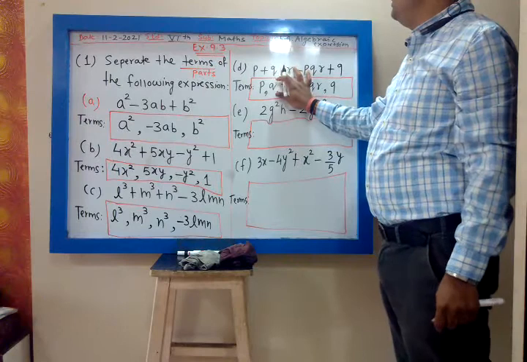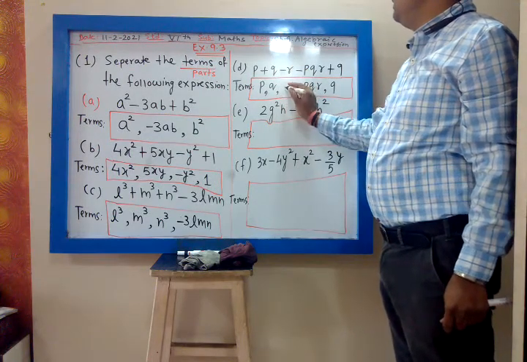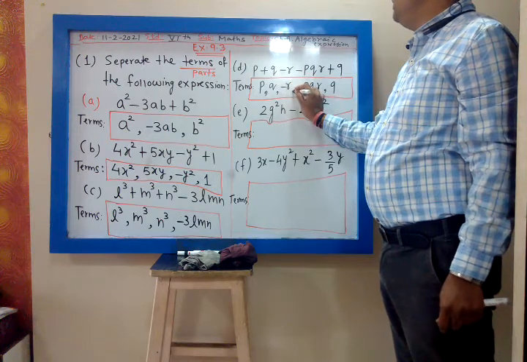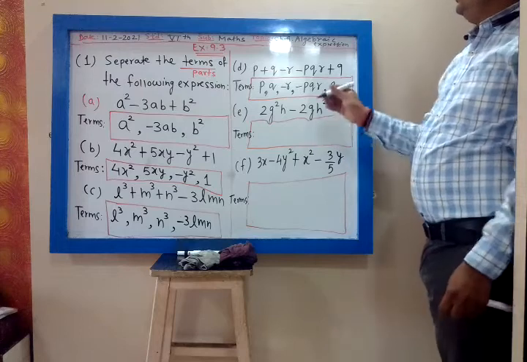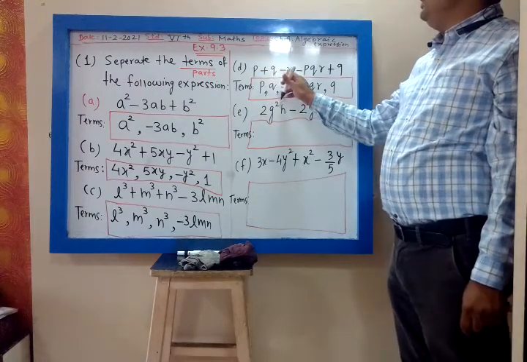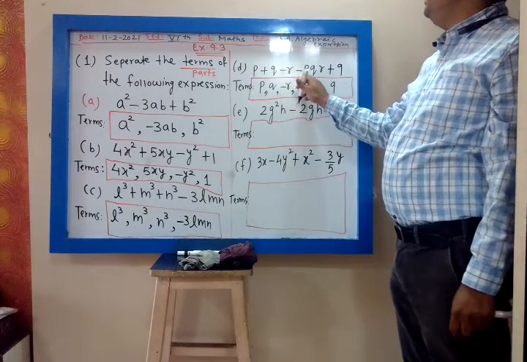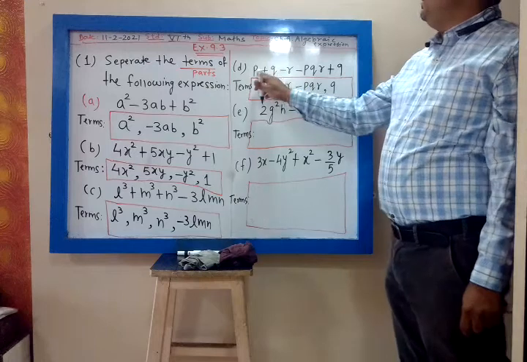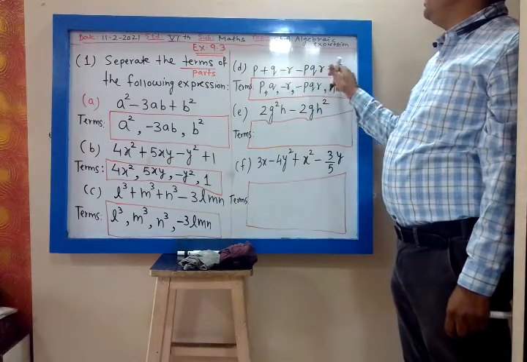So instead of plus r, I will write minus r. Earlier it was written plus, now it is minus r, minus pqr, plus 9. So the parts are p, comma q, comma minus r, comma minus pqr, comma 9.